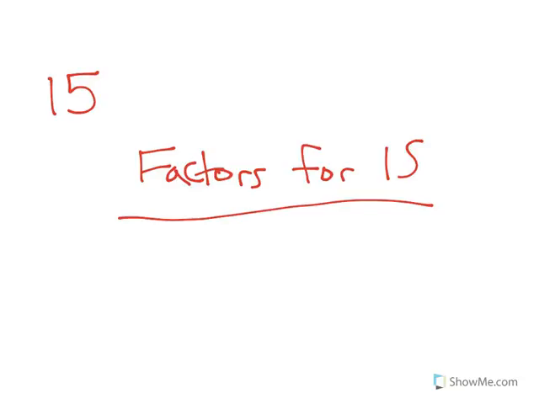Well, how do I get 15? Well, the first one is always going to be 1, because every number can be divided by 1. And also every number can be divided by itself. If you have 15, then you can fit one set of 15 in there, because 1 times 15 equals 15. So that's why it is a factor of 15.